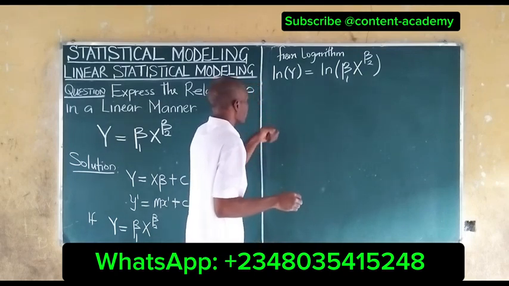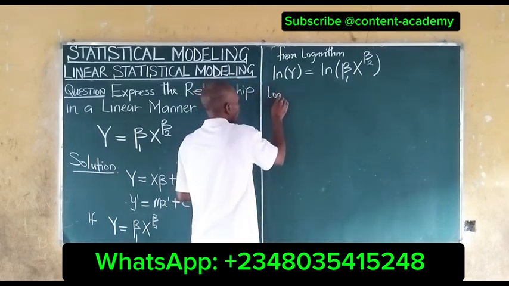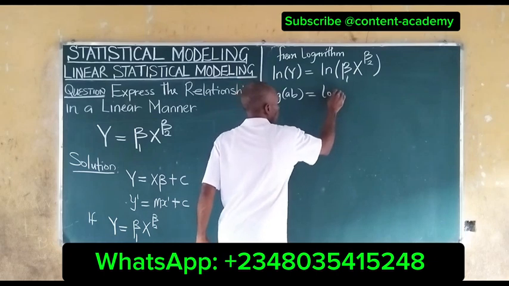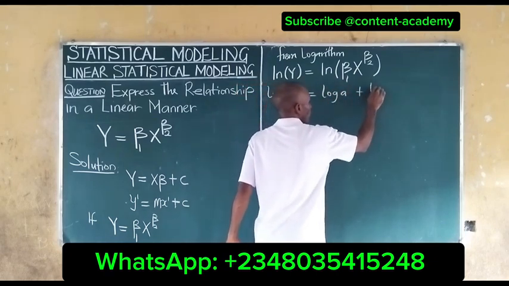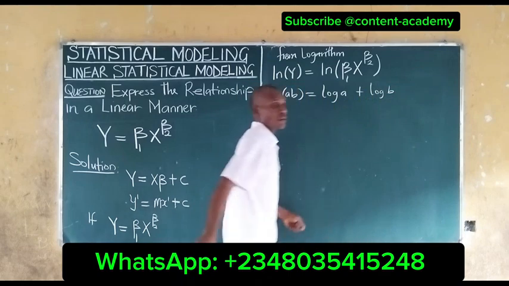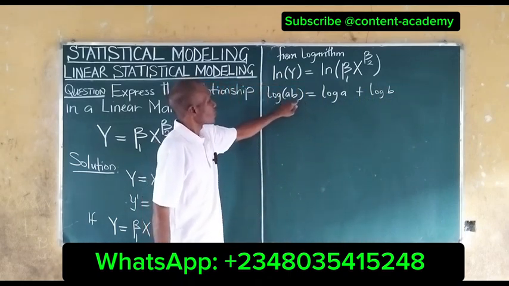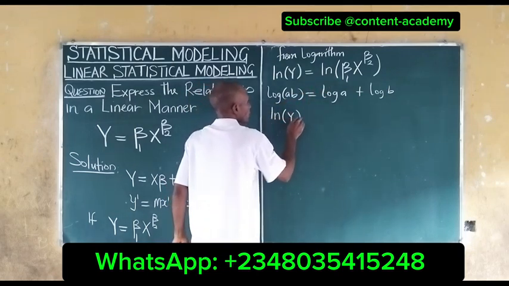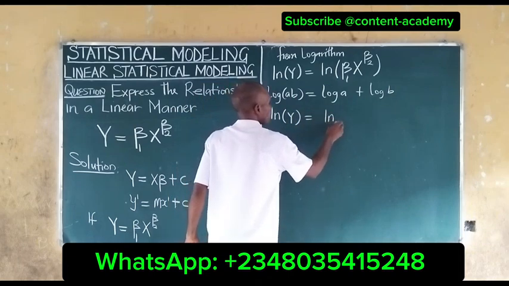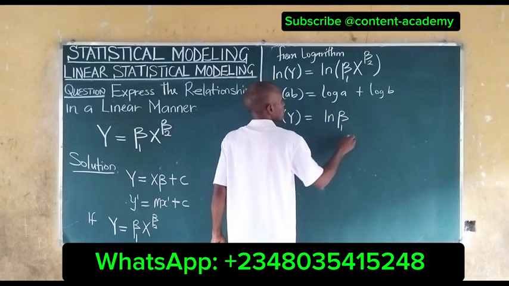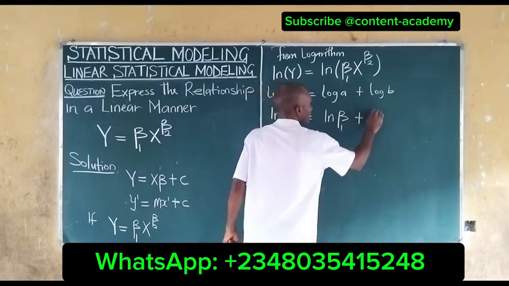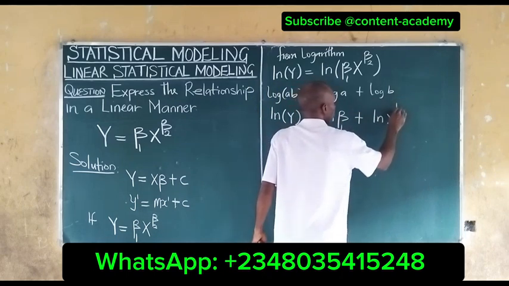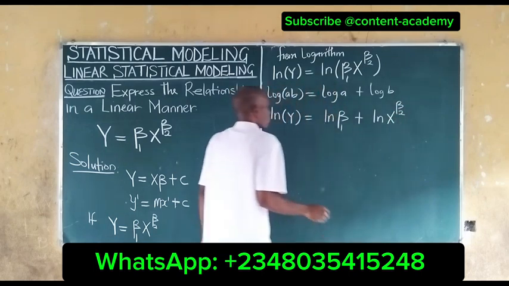We also know that one of the properties of log is log AB is equal to log A plus log B. Of course, we know this. So employing this here, we have ln y equal to ln b1 plus ln x raised to the power of b2.